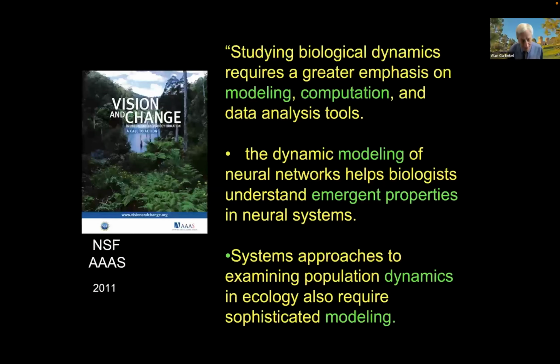In 2011, the National Science Foundation and the AAAS put out a joint brochure, and they said the same things, but this time about biology, not medicine. Studying biology requires modeling, computation, and data analysis, by the way. Modeling, dynamics, modeling. That's what the National Science Foundation wants.